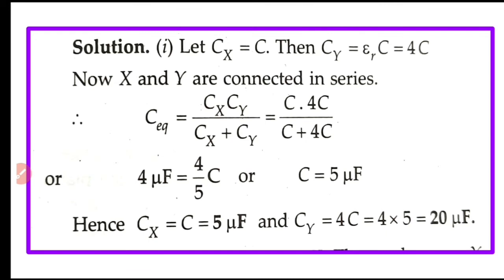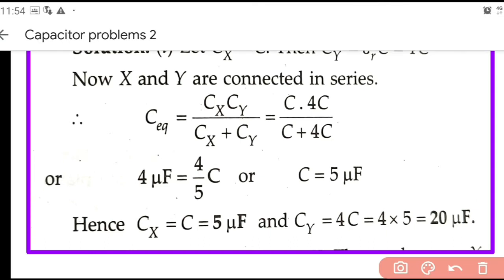Okay, so since X and Y are connected in series, we have the equivalent capacitance Cx Cy divided by Cx plus Cy. By doing the calculation, you will get the equivalent capacitance expression as 4 by 5C.